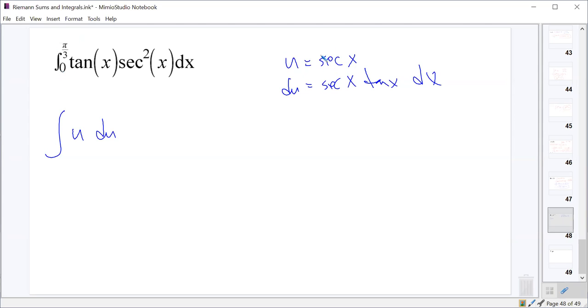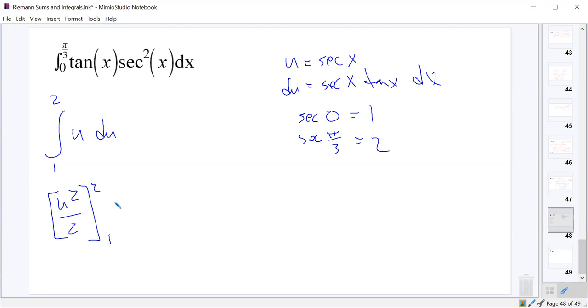It's the secant of 0, which is just 1. And what's the secant of pi over 3? 2. So this now becomes an integral from 1 to 2 of u, which becomes u squared over 2 from 1 to 2, which becomes what?